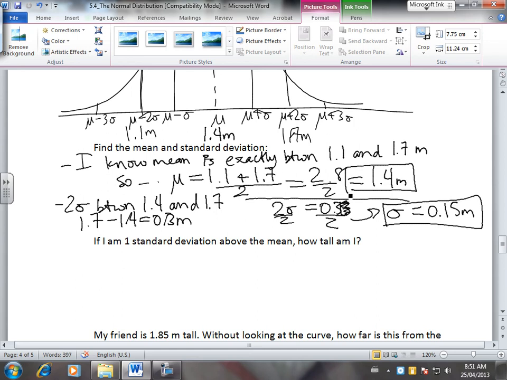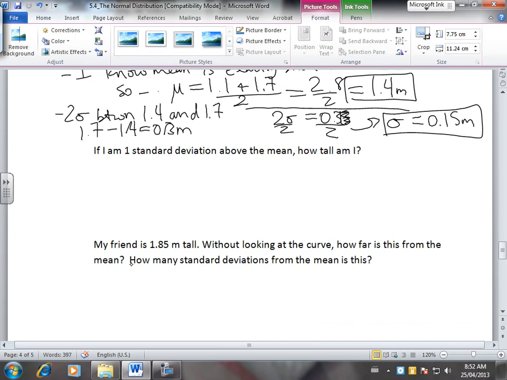If I am 1 standard deviation above the mean, how tall am I? Here, height equals mu plus 1 standard deviation. We know mu is 1.4 because we just figured that out, and we know the standard deviation is 0.15, because we just calculated that.